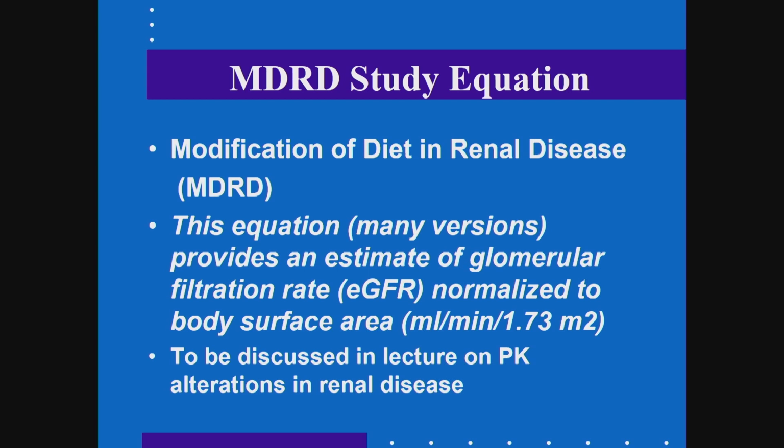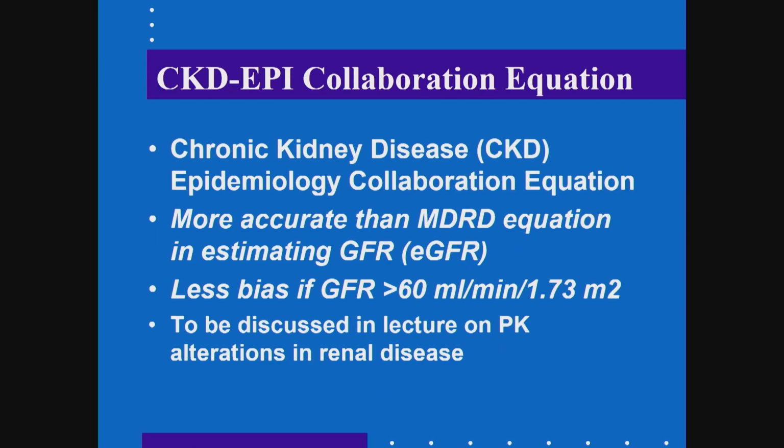Now, another approach to estimating renal function is based on this equation, the MDRD equation, many versions, that actually estimate the glomerular filtration rate, not the creatinine clearance, but the glomerular filtration rate normalized to body surface area. Now, you're going to have more discussions of this equation in a lecture addressing pharmacokinetic alterations in patients with renal disease.